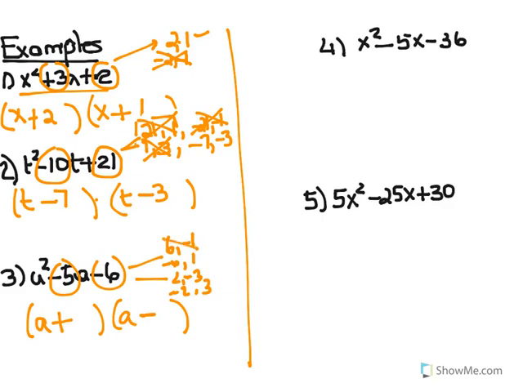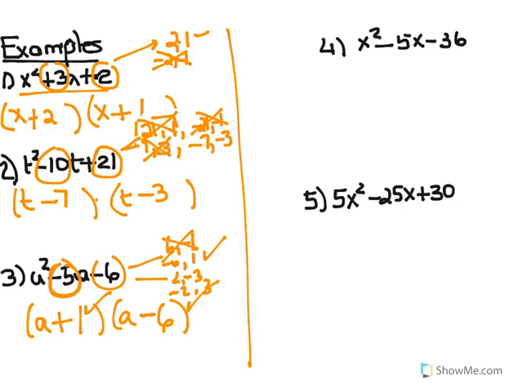Okay? Well, 6 and 1 are not good, right? Because 6 plus negative 1 doesn't give me negative 5, but negative 6 plus 1 gives me negative 5. So if I have negative 6 and positive 1, I get negative 5, and the product is negative 6.